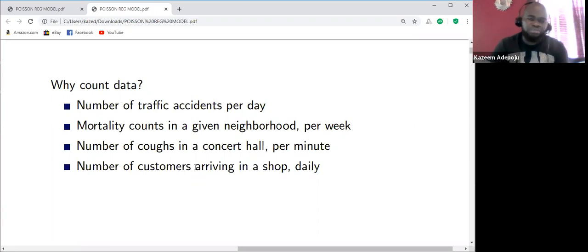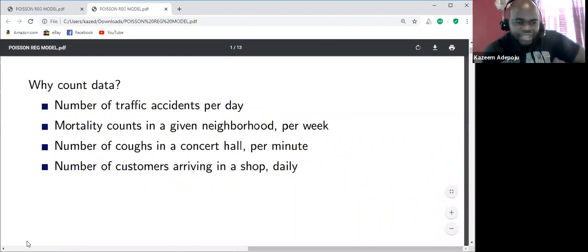Which means the appearance of customers in a store is random. Since this is a random phenomenon, how many customers am I likely to have in my shop in a day? That is also an example of count data.